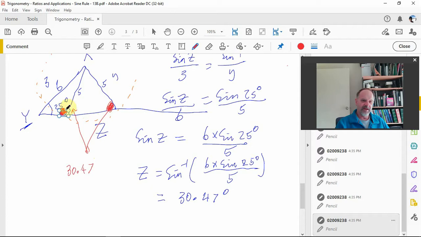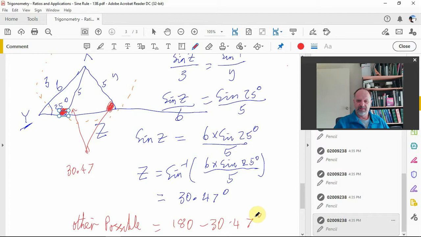So if I'm looking for that big angle there, on a straight line, the other possible angle is 180 minus 30.47.